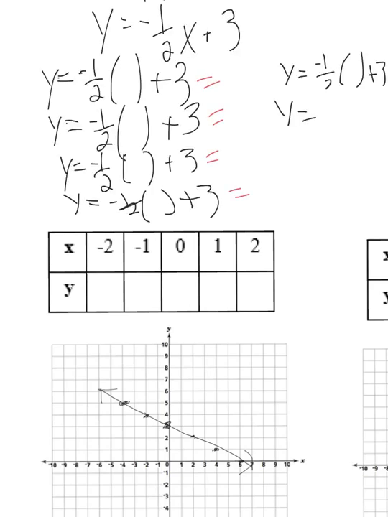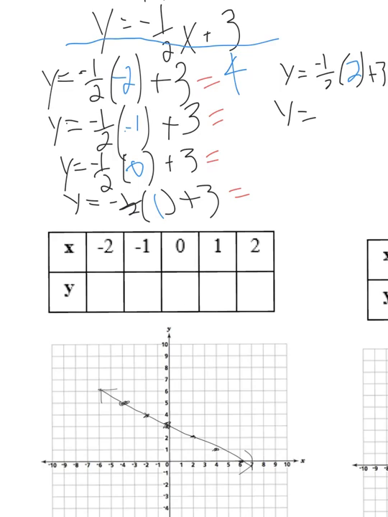Okay, so here I rewrote the equation, and I have everything set up. So I just need to plug in the x values. Negative 2, negative 1, 0, 1, and 2 over there. Okay, so negative 1/2 times negative 2 plus 3 is 4.